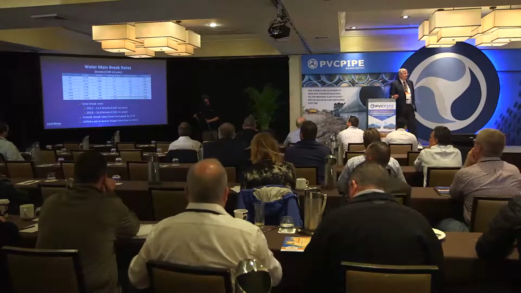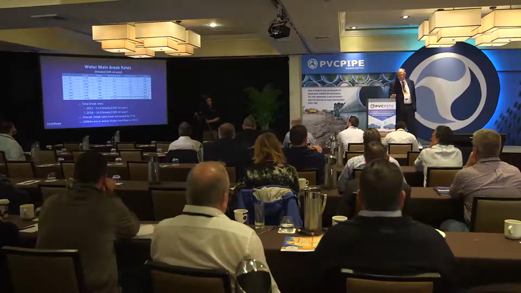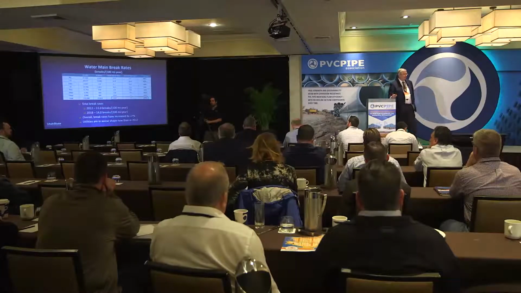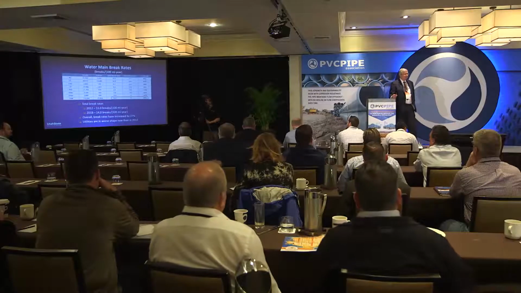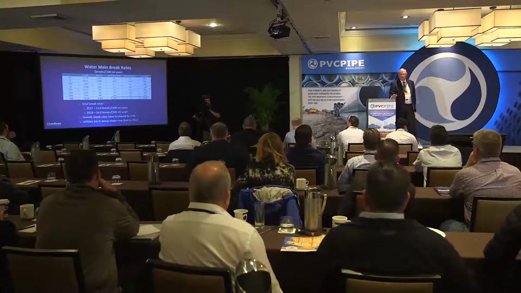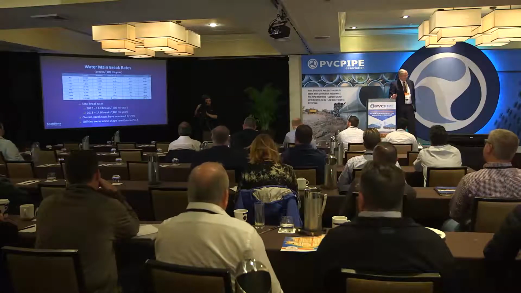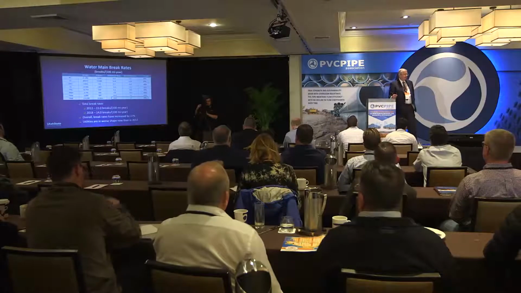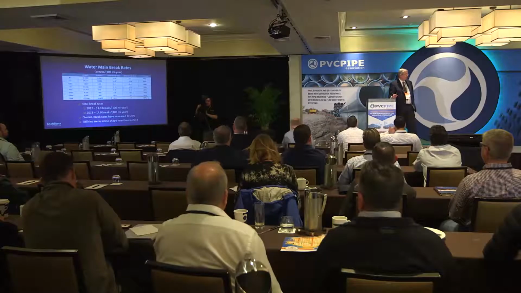Now, a lot of people think that with the ASCE survey, which said we went from a D-minus grade on water infrastructure to a D, things are getting better. I beg to differ. We are not getting better, we are getting worse. Water main failures are not going to improve in the near term, not at all. We're looking at increases overall.